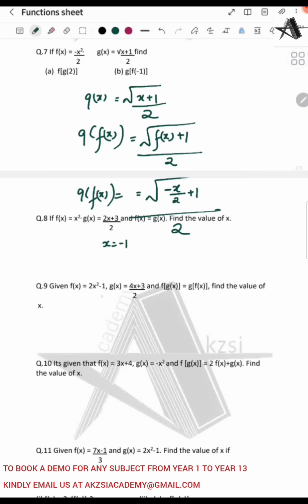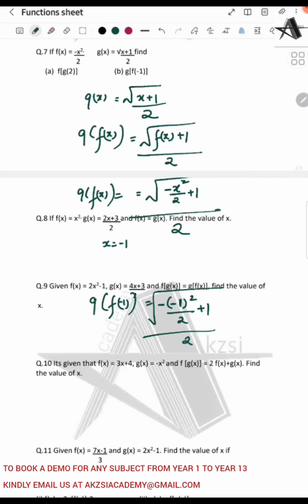So wherever I see x, I need to write negative 1 there. So this will be g of f of negative 1. And on the right hand side, I can see this is negative 1 whole squared over 2, negative is already outside, plus 1 over 2. Now, the square of negative 1 is plus 1 and the negative is already outside there. So it will be negative 1.